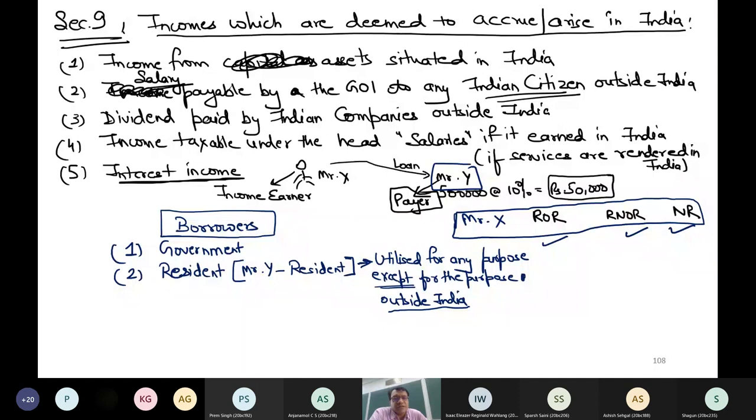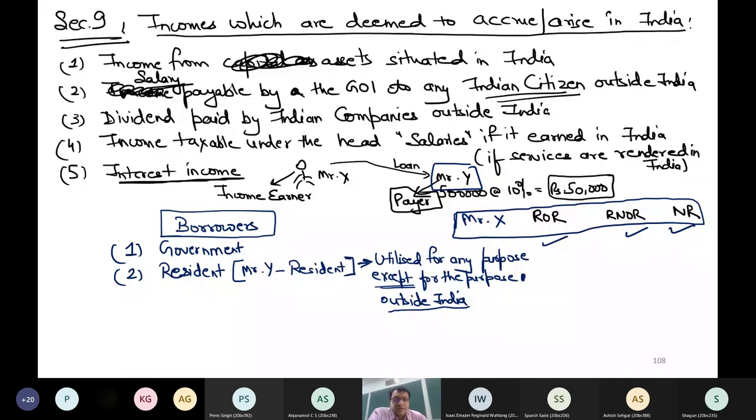And that one case is what? If this borrower has utilized this borrowed amount for doing anything or for fulfilling any purpose outside India, in that case only it will not be deemed to accrue or arise in India.